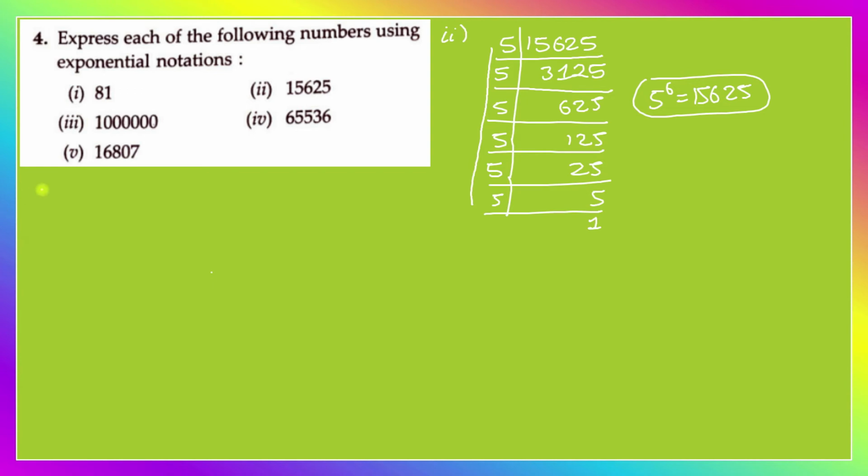Now the fourth part is pretty scary, but 65536. So this time it is a little bit tricky. This time 2 will come. This time only 2 will come. Okay friends.